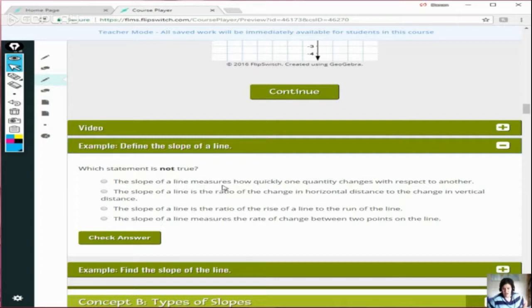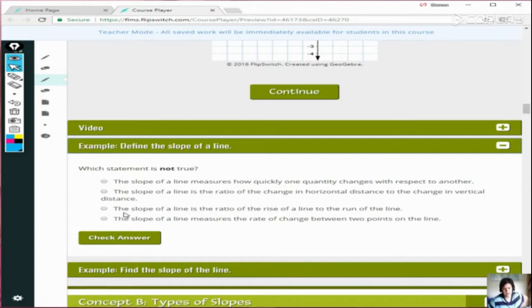So the slope of a line measures how quickly one quantity changes with respect to another. Yeah, it measures how quickly the y value changes compared to the x value. The slope of a line is the ratio, a fraction, of the change in horizontal distance to the change in vertical distance. That one, maybe.